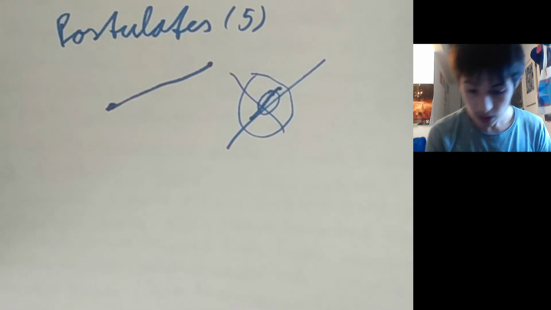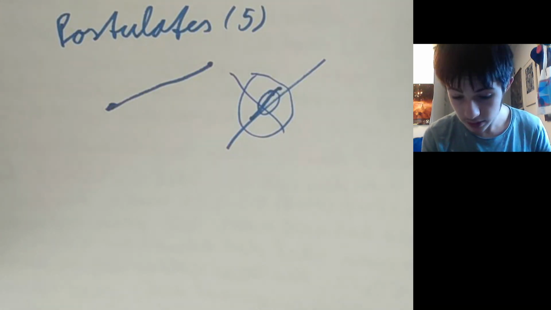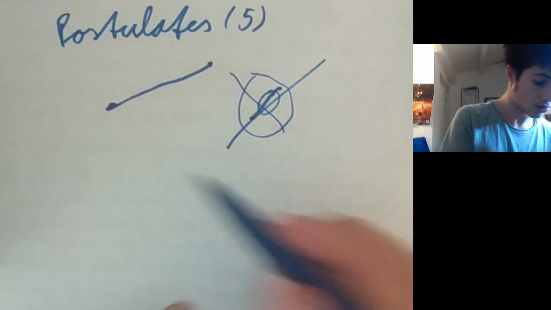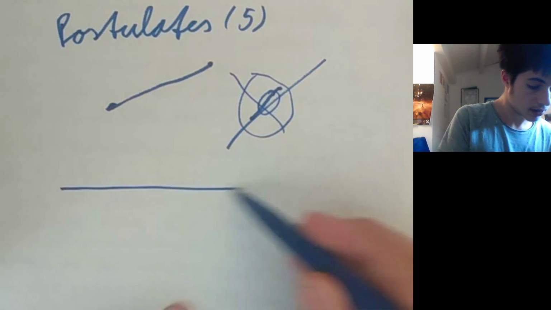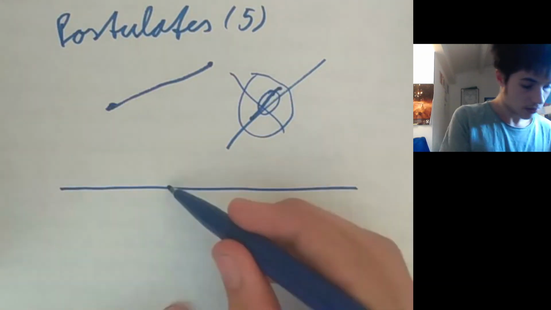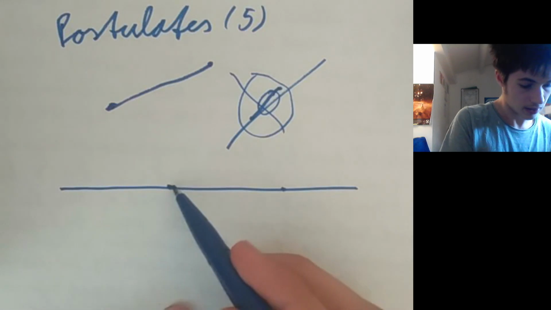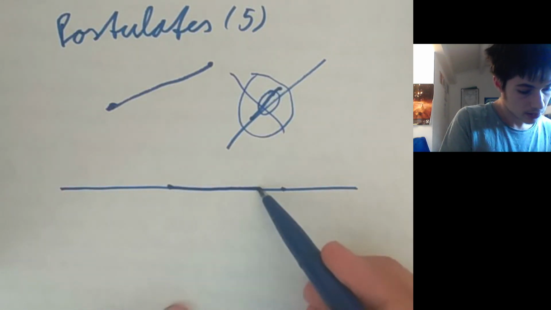Then we have the second postulate, which is that you can draw a finite straight line continuously in a straight line. So if you've got a straight line, you can extend the finite straight line continuously.